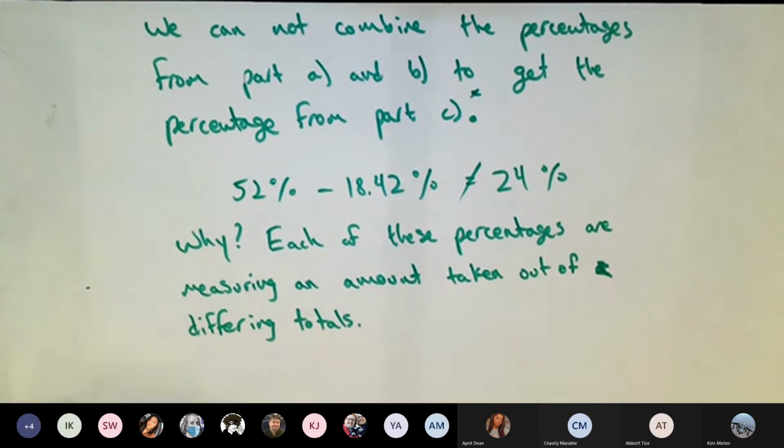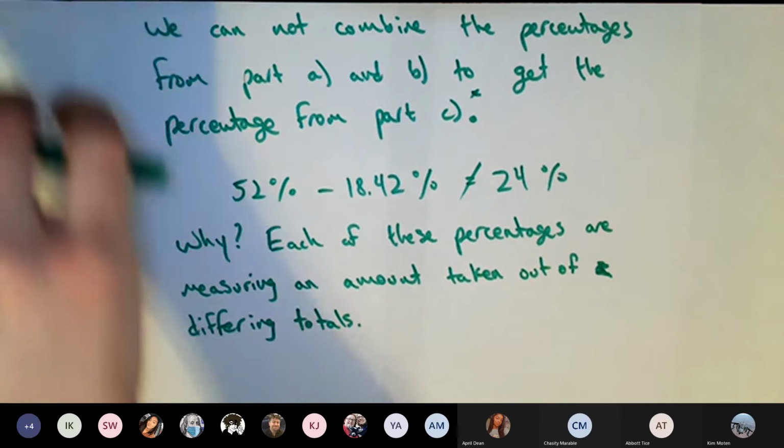That's kind of the point of it. 52% came from 13 out of 25. The part B came from 7 out of 38, and part C came from 6 out of 25. They're measuring things from differing totals, right? Differing amounts, different numerators, and different denominators.